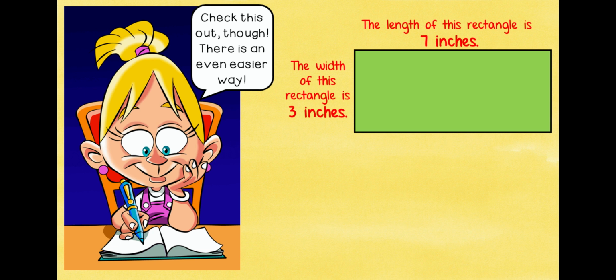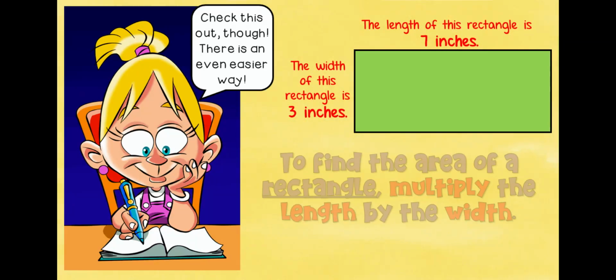Now, sometimes they don't give you the squares to count out. Sometimes they just give you the lengths. So for this green rectangle over here, they said the length is 7 inches and it is 3 inches tall for the width. So in perimeter, we add, but we talked about in class before with area, we multiply these numbers as another strategy.